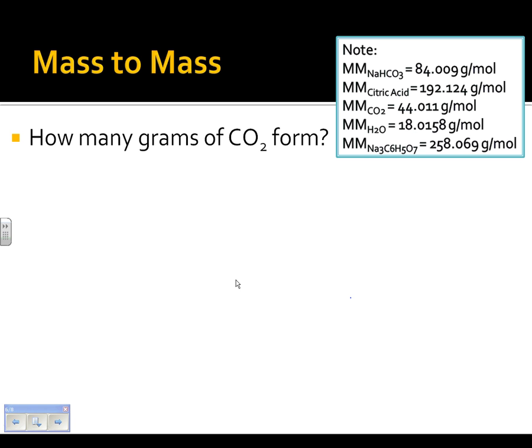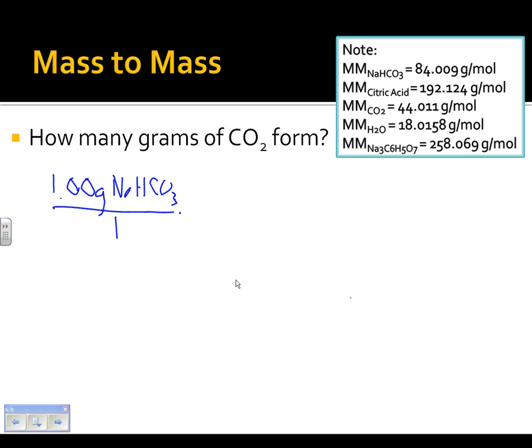We can now set up our unit multiplier. Okay, so first we're going to start with 1 gram of sodium bicarbonate over 1, of course, because it's the first part of our unit multiplier.